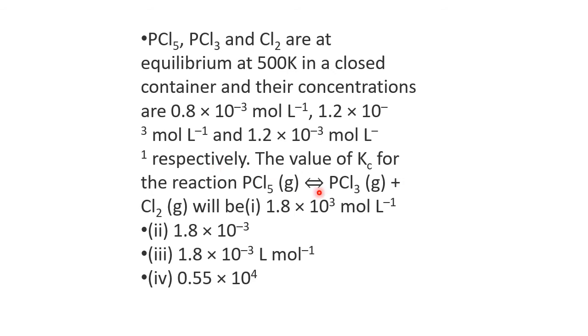The value of Kc for the reaction PCl5 giving PCl3 and Cl2 will be: 1.8 into 10 to the power 3, 1.8 into 10 to the power minus 3, 1.8 into 10 to the power minus 3 liter per mole, or 0.55 into 10 to the power 4. I think we have solved this under our numericals. You might know the answer, but still just have a look and calculate.